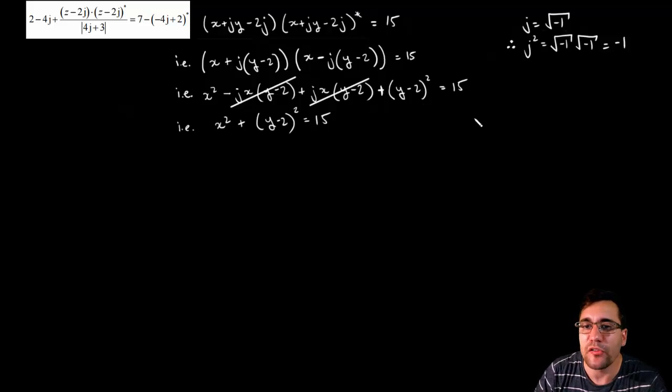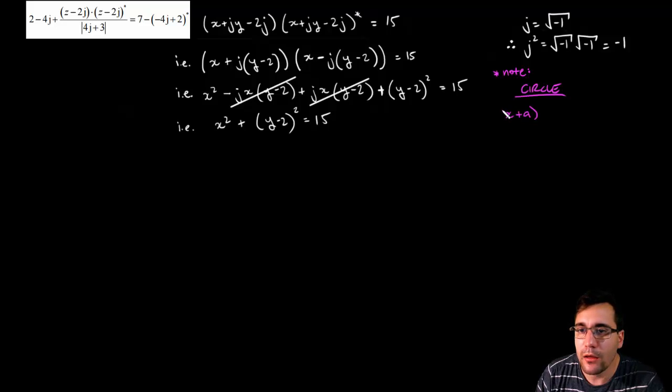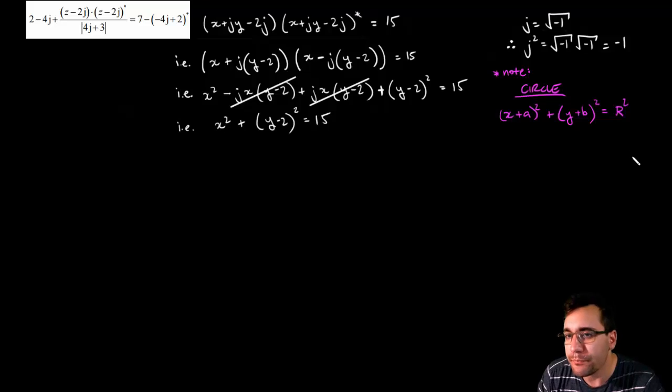And hopefully you're seeing that the standard equation of a circle, if we just make a little note off to the right hand side here, let's change my color. All right, so a circle's standard equation, and I'll just make sure you know this is a note, it's not actually to do with this, is going to be (x plus a) squared plus (y plus b) squared is equal to the radius squared.